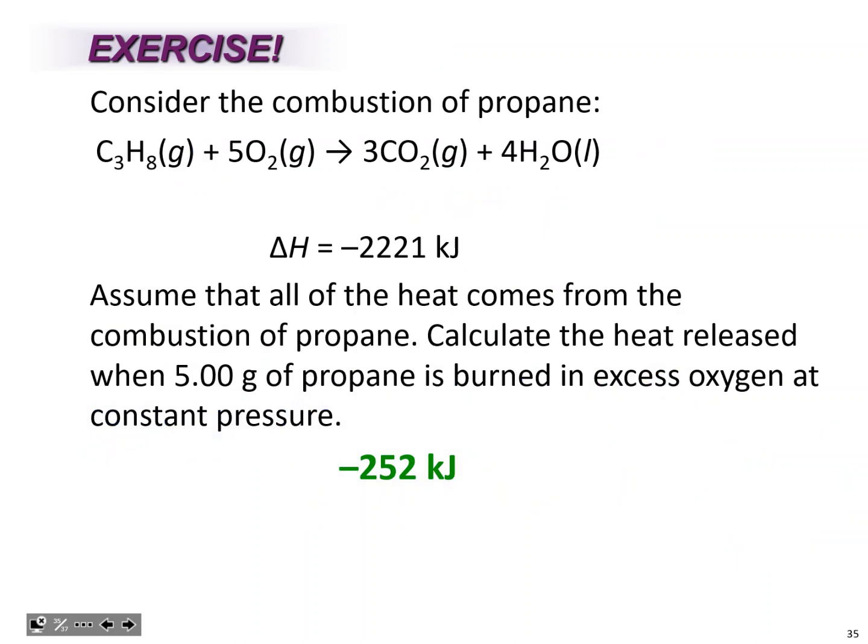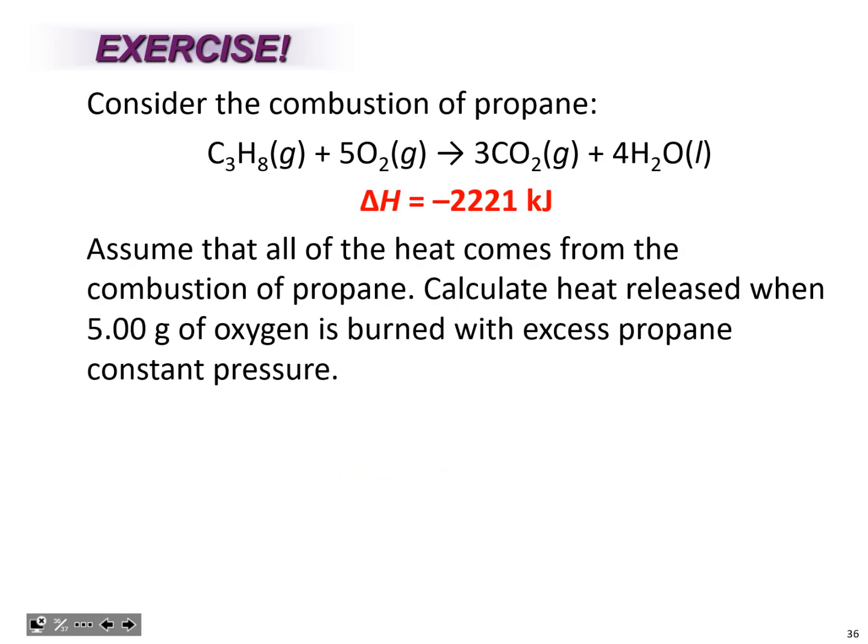And we are correct. Now, the last one in this section, we're going to be talking about burning the oxygen instead. We're going to assume we have endless amounts of propane and we're going to use 5 grams of oxygen. How much heat would that produce? The only slight difference here: you set it up the exact same way.